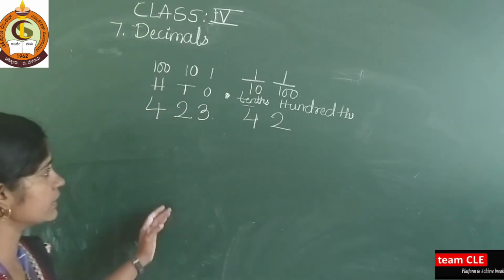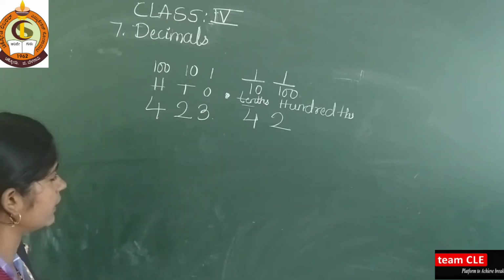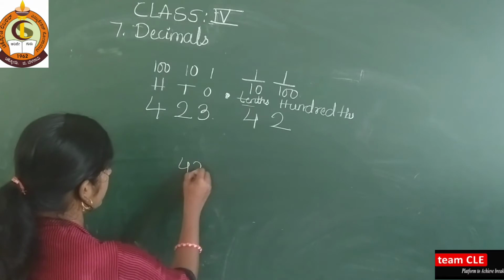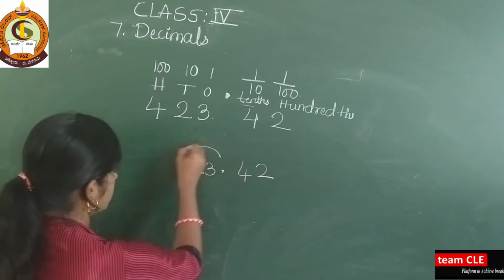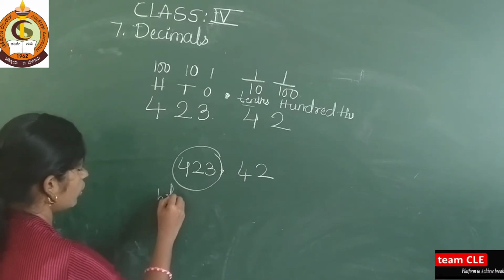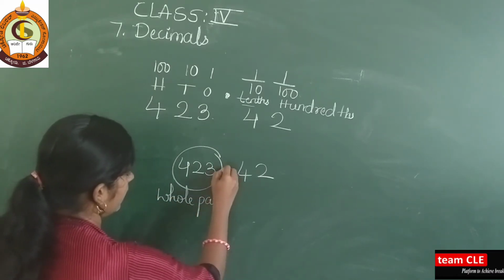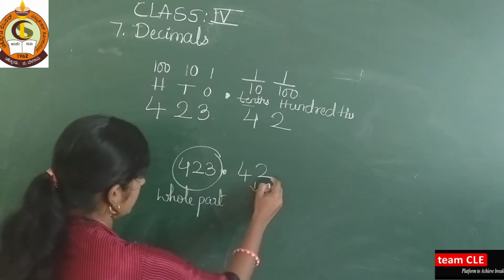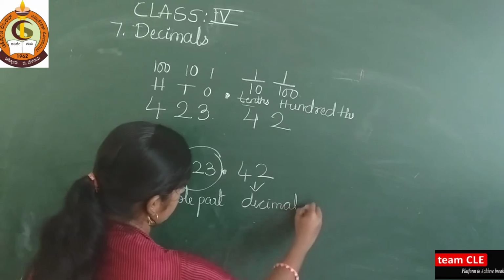So dear students, this is just an introduction. For example, here 423 is there, 0.42 is there. This part we are calling the whole part, and this is the decimal part.